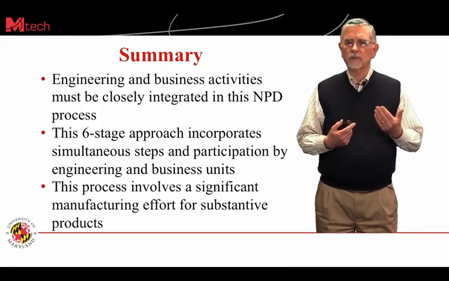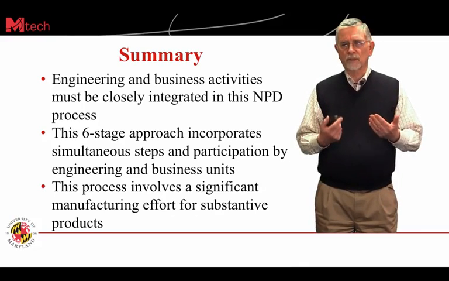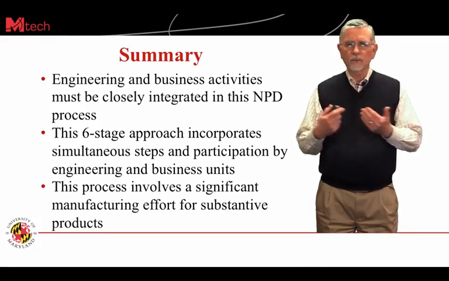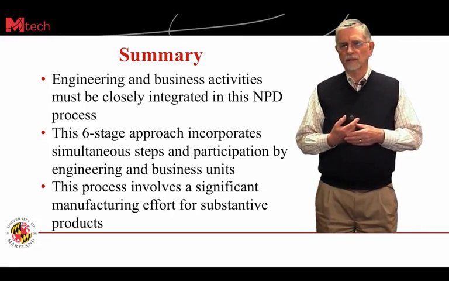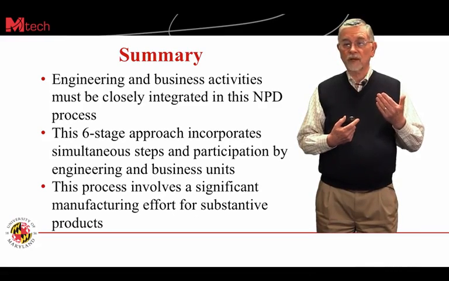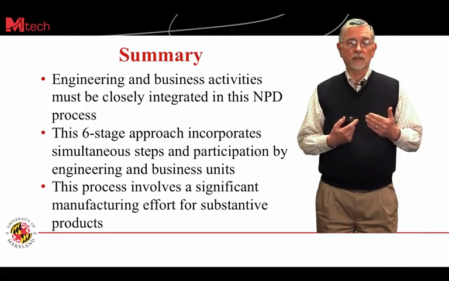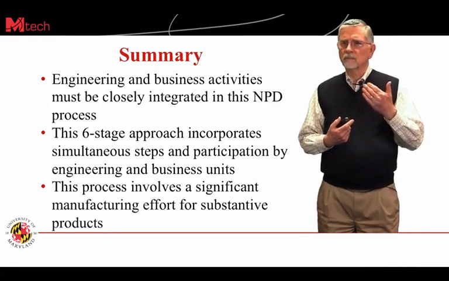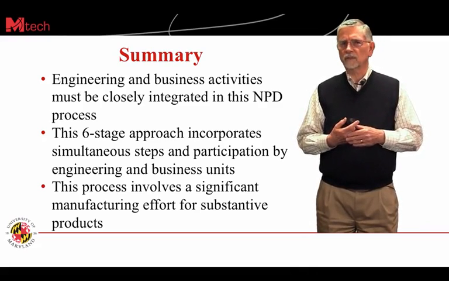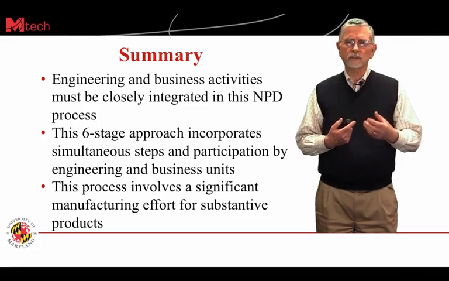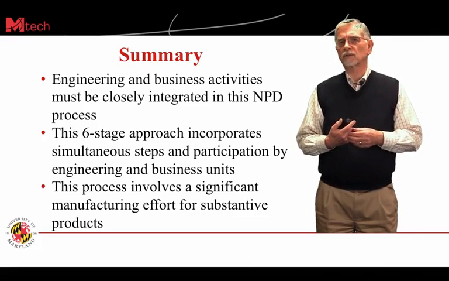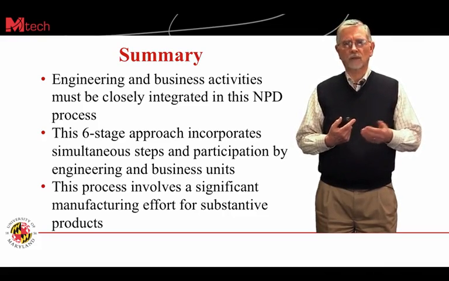And the 6-stage approach actually incorporates simultaneous steps from both engineering and business activities. And the process involves a significant manufacturing effort for substantive products. And so this description of innovation steps really is a good representation of physical products that are typically manufactured by large-scale organizations.